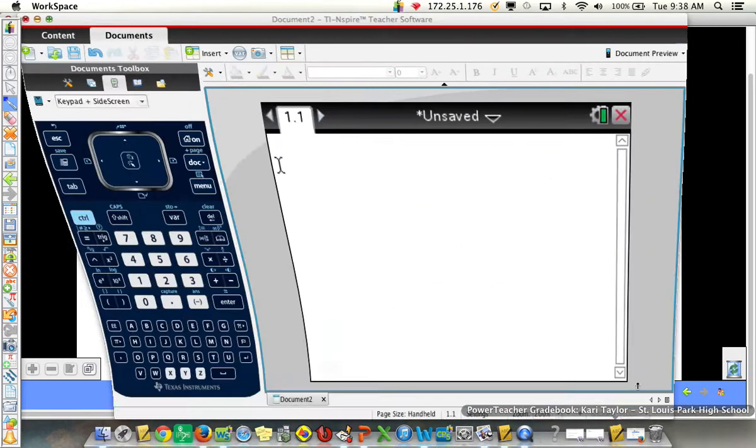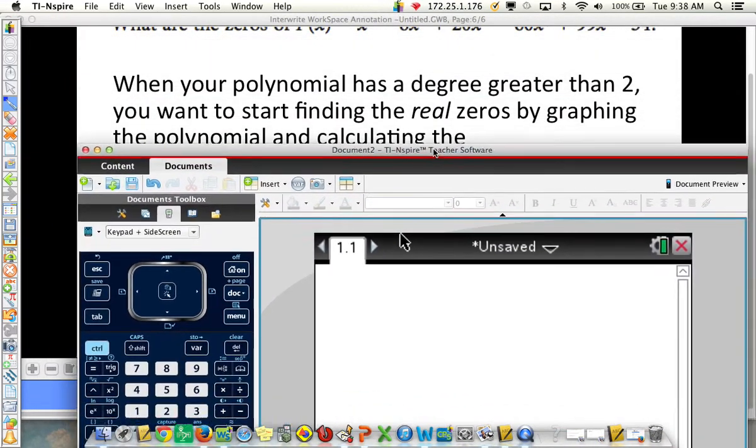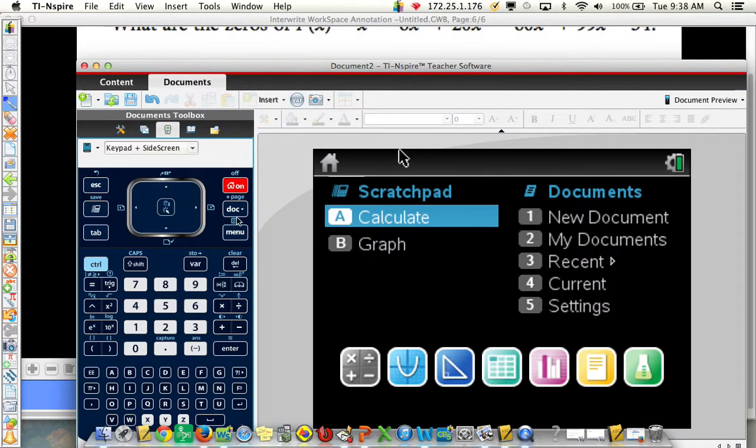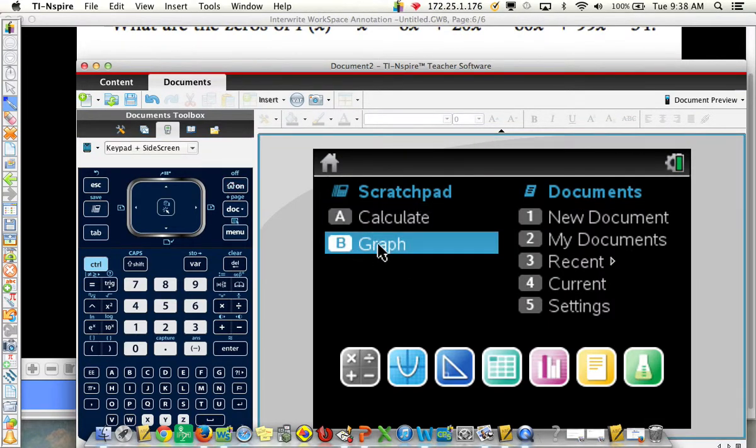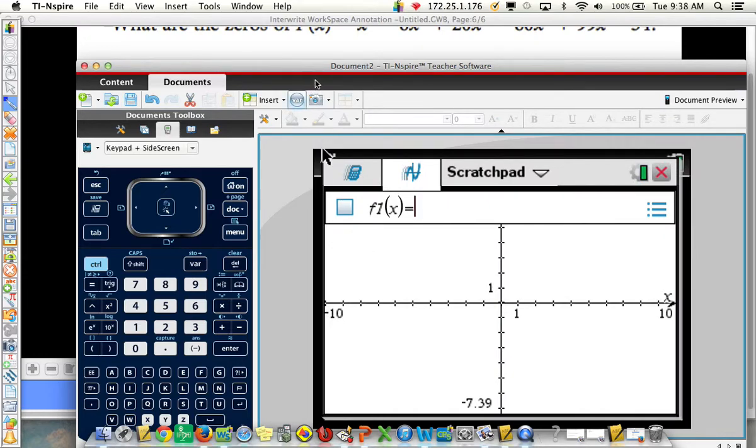So let's type all of that in. Go on to your graphing calculator, graph, and we're going to type that entire equation in.